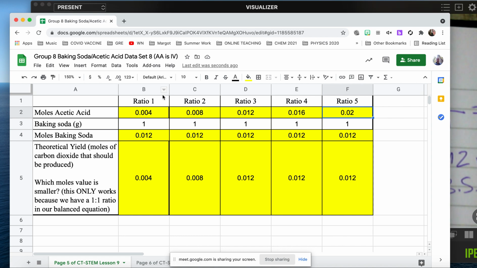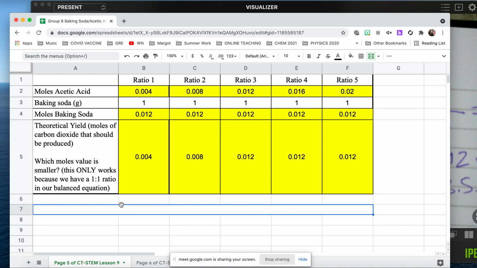How do I know that ratio 3 is my 1-to-1 ratio? I know this because the moles of acetic acid equal the moles of baking soda.